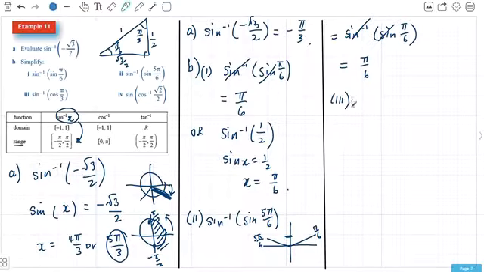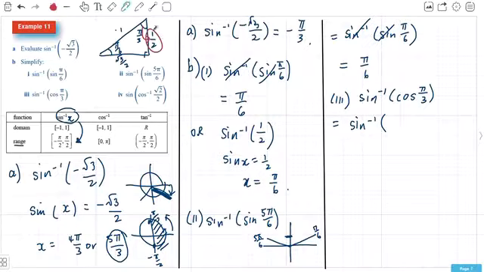The third one, inverse sine, and now we've got cos. Again, there's two ways you can do this. I'll show you the quicker way first. Cos of pi on 3, thinking about the triangle here, we know that we're talking about this here, a half.